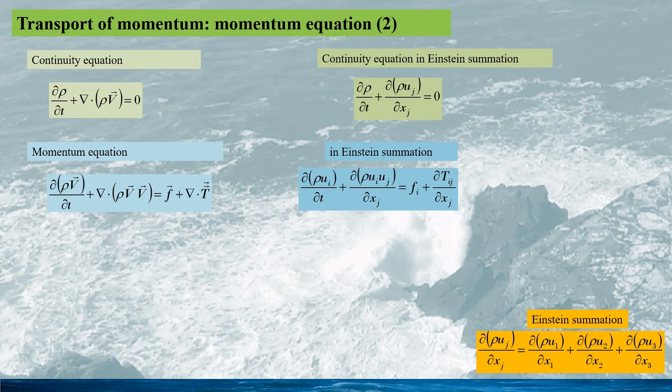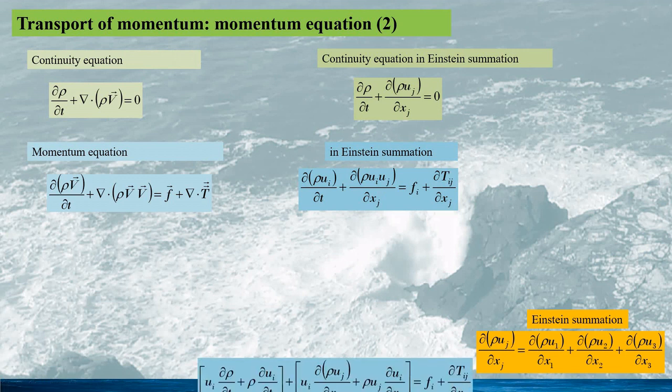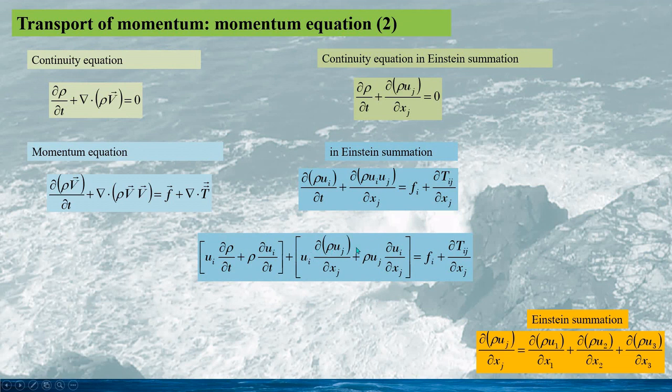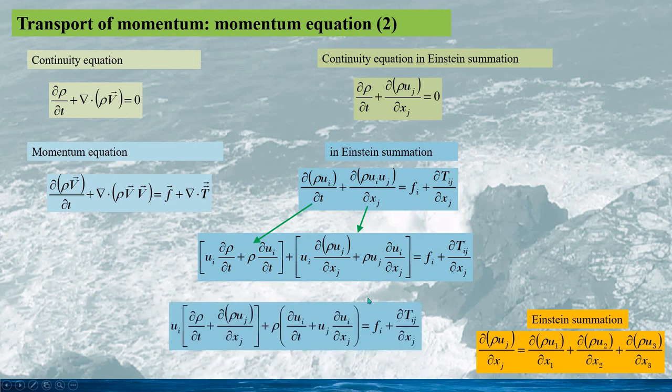Now we can use the rules of calculus. We can obtain the equation as this. The first term becomes two terms in the square bracket, and for the second term in this momentum equation, we have two terms as this. So if we reorder the equation as this, we can see inside the square bracket it's actually the continuity equation.